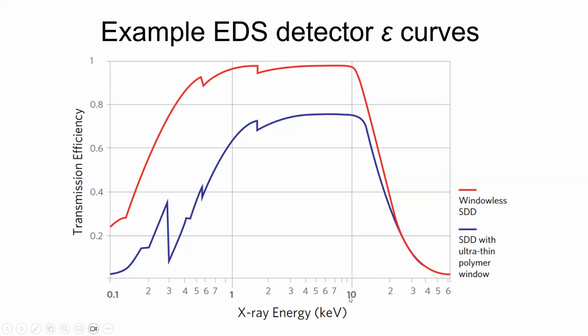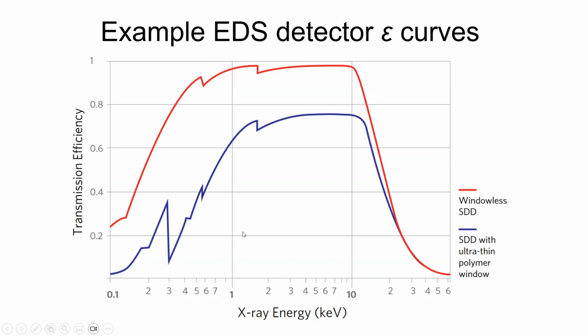And then this is 10 keV. And then this is 60 keV. Okay. So we can see that my efficiency is not so good down here. And then it bumps up actually pretty rapidly. And then by the time I get to around 1, I have very high efficiency. And basically from 1 to 10, I have a very high efficiency. And then I get this drop off here.